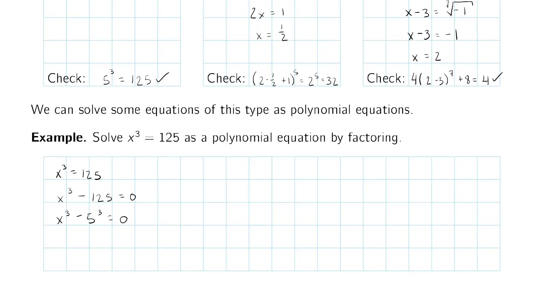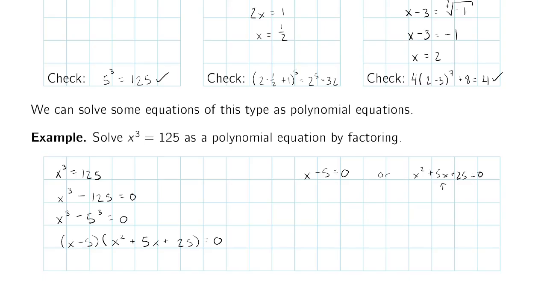I can factor. So x minus 5 times x squared plus 5x plus 5 squared, which is 25, works out to 0. So x minus 5 is 0, or x squared plus 5x plus 25 is 0.